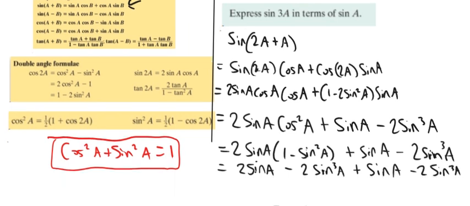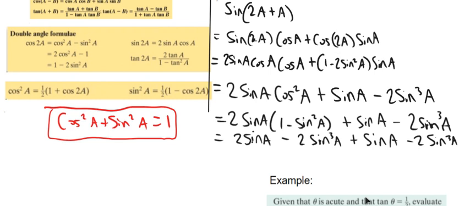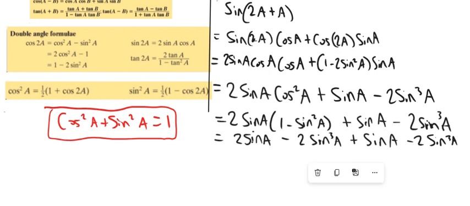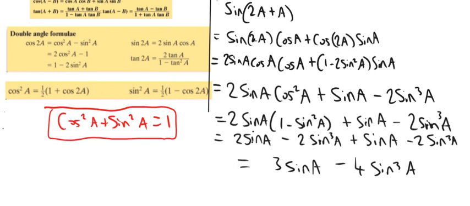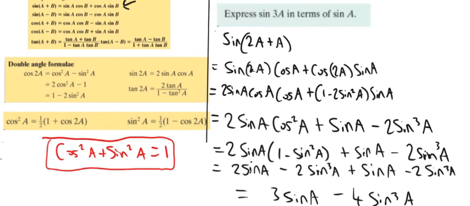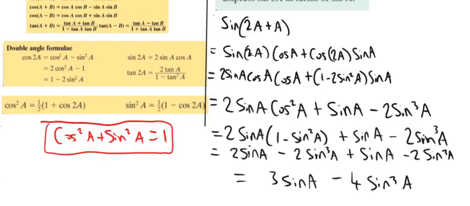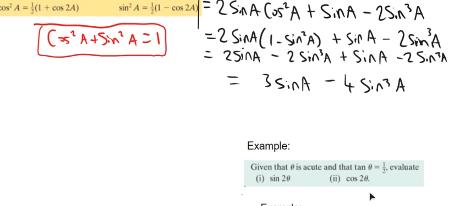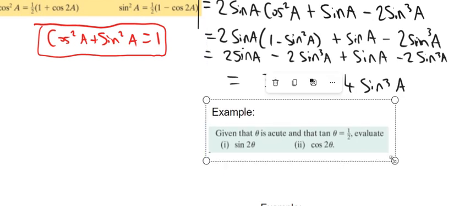And then you'll notice that when you've got 2 minus 2 sin cubed a's, that's minus 4 sin cubed a, and it's just 3 sin a. So everything is in terms of sin there, and that's all you have to do. You just have to put it in terms of sin a. So that's one type of question that you could be asked on these.